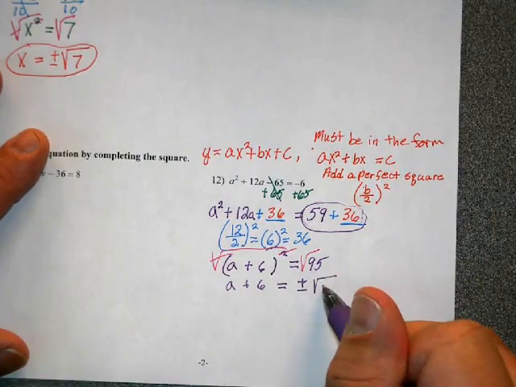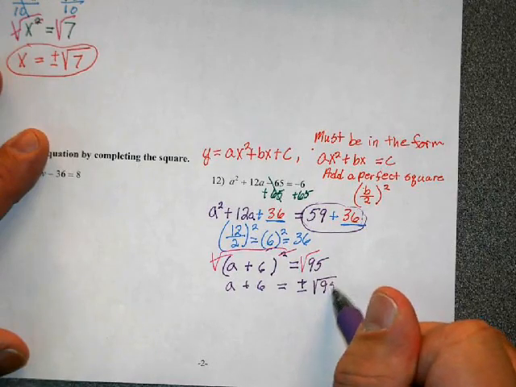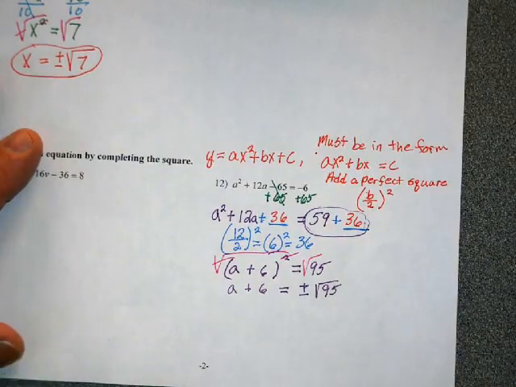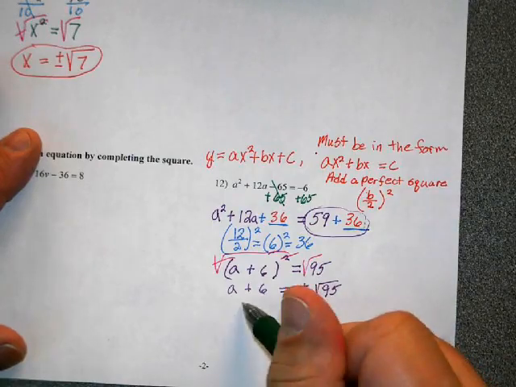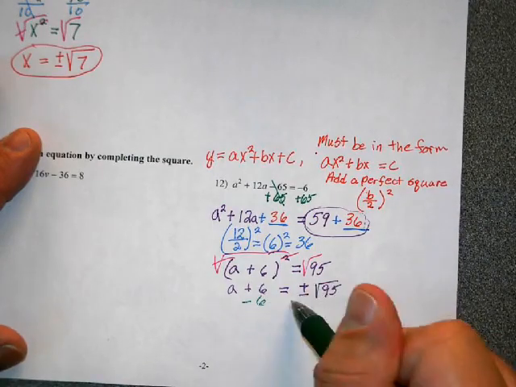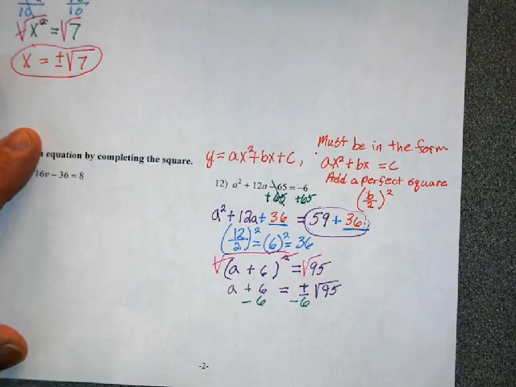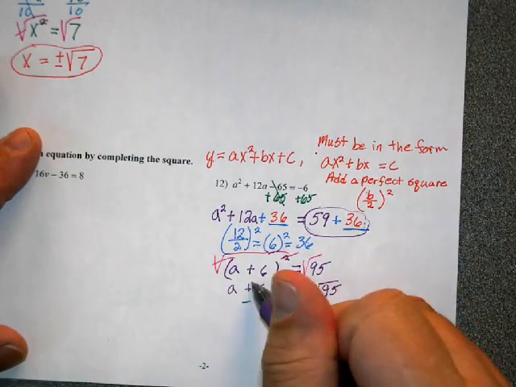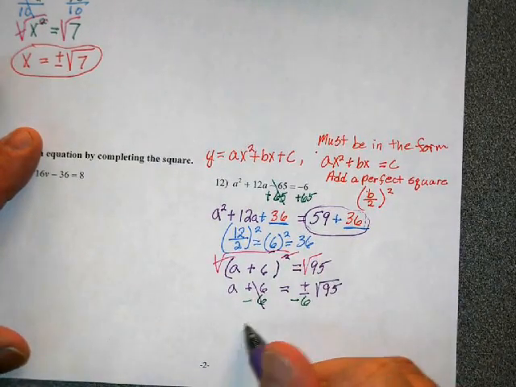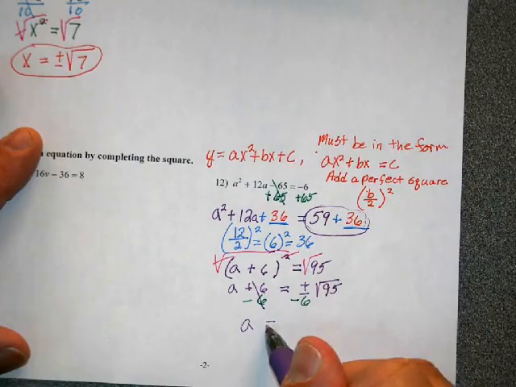And then subtract 6 from both sides. Negative 6 plus or minus square root of 95.